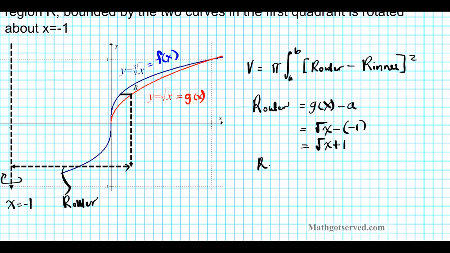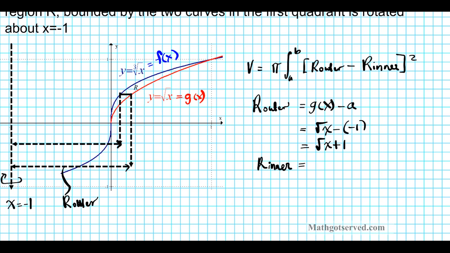The inner radius, our inner, is going to be the measure of the distance from this point all the way to your axis of rotation. Okay, that is our inner radius.